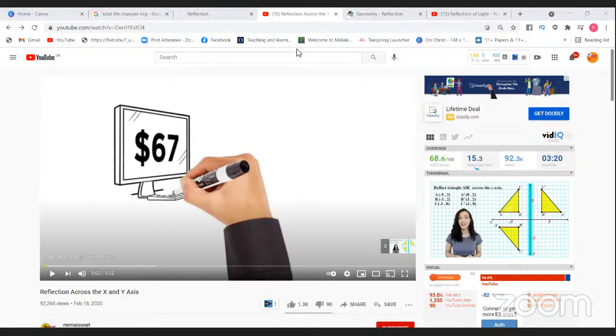Okay, when we're reflecting in the x-axis, the x remains the same and the y changes. So what happens when we reflect in the y-axis? Miss, what happened is it changed from negative to positive. Which one changed? The negative number. Which value? Is it the x value that changed or the y value? The y value. Okay.